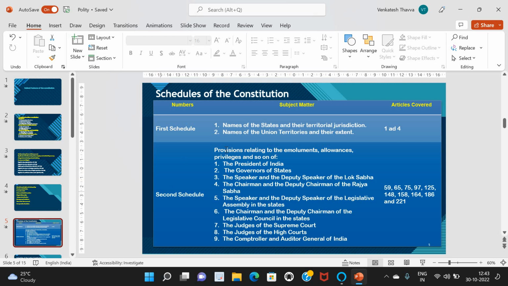Next, coming to second schedule. Provisions related to the emoluments, allowances, privileges, and so on of the President of India, the governors of states, the Speaker and the Deputy Speaker of the Lok Sabha, the Chairman and the Deputy Chairman of the Rajya Sabha, the Speaker and the Deputy Speaker of the Legislative Assembly in the state, the Chairman and the Deputy Chairman of the Legislative Council in the states, the judges of the Supreme Court, the judges of the High Courts, the Comptroller and Auditor General of India.